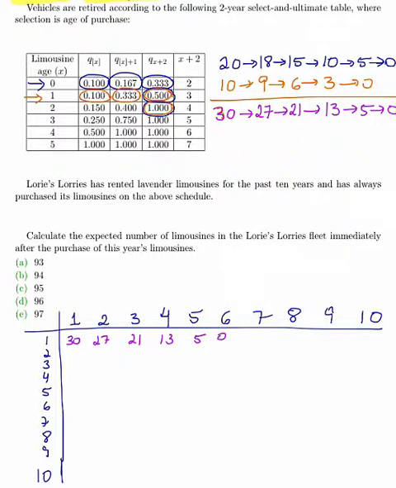Then in year 2, I purchased 30 more. So in year 2, I have 27 of the ones I purchased the previous year, plus the 30 that I just purchased. And then of those 30, 27 are still in service a year later, then 21, then 13, then 5, then 0.